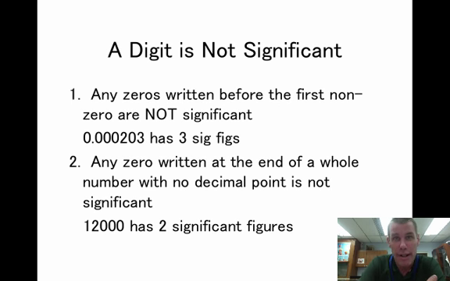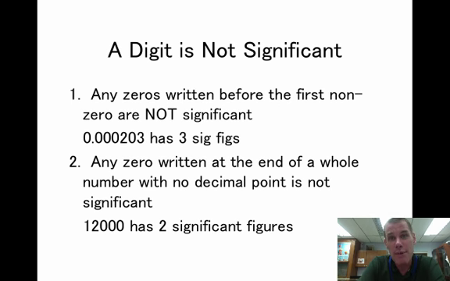It's still 10, but you only have two significant figures for that. The example I have here, 0.000203. The 2 is significant, the 3 is significant, and the 0 in between the 2 and the 3 are significant. But those zeros before the 2, before the first non-zero, those are not significant figures. They are not measurements, they're placeholders.